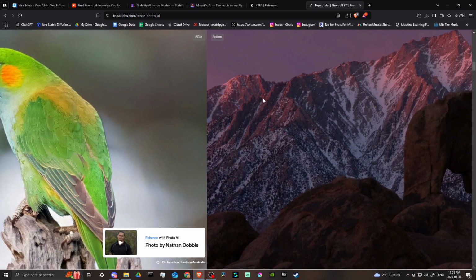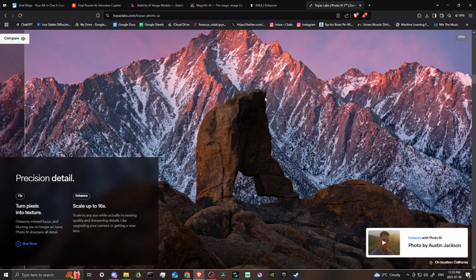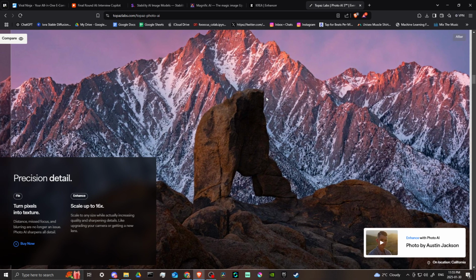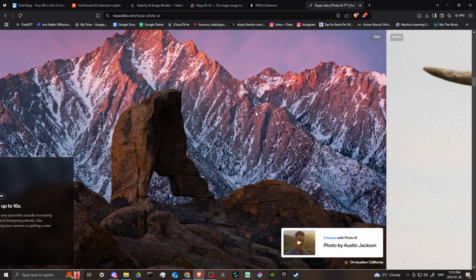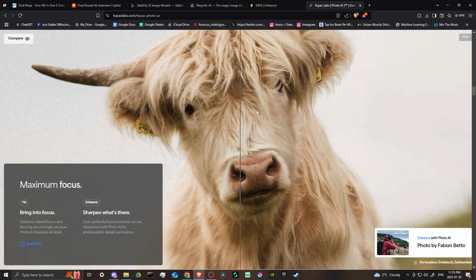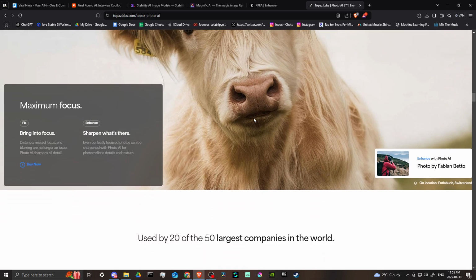So the opportunity to have something that you have full access to and is a one-time charge of $200, and then you are able to do as much upscaling as you want, that is much more cost effective in the long run than paying a $55 a month subscription, as far as I'm concerned.